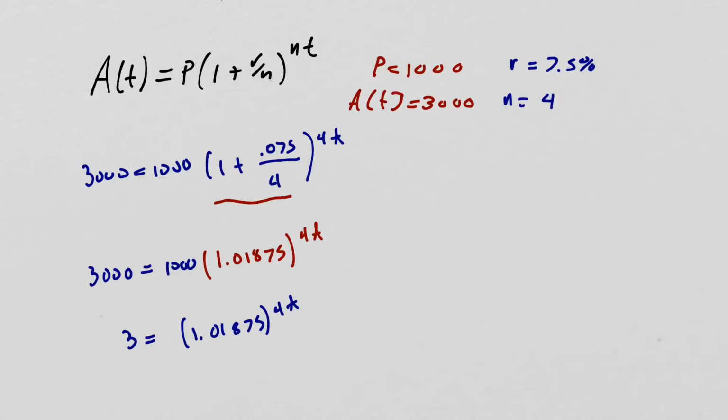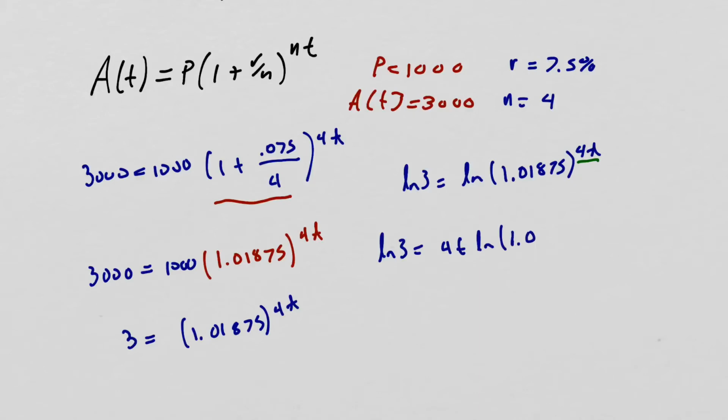Let's go ahead and solve for t now. Taking the natural log of both sides, we'll get the natural log of 3 is equal to the natural log of 1.01875 raised to the 4t. Using the properties of logs, we can bring the exponent down in front of our log, and we get ln of 3 is equal to 4t times the natural log of 1.01875.